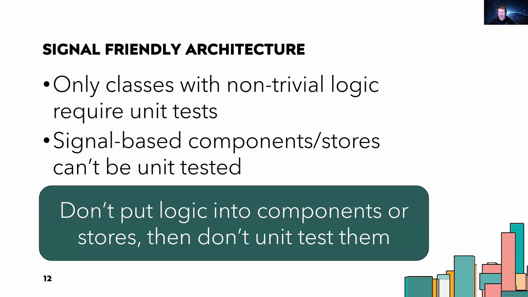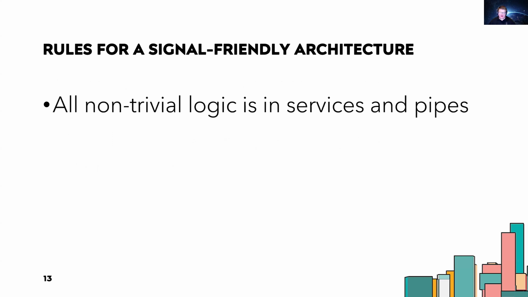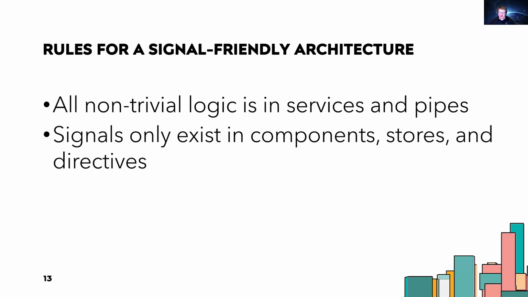This can be done by following a few simple rules. The first one being to move all that logic out of components and into services and pipes, since those are still easily unit tested. Then signals, or at least these signal-based features, but really all signals, only exist in components, stores, and directives, because those are the things that are going to be component tested anyway.